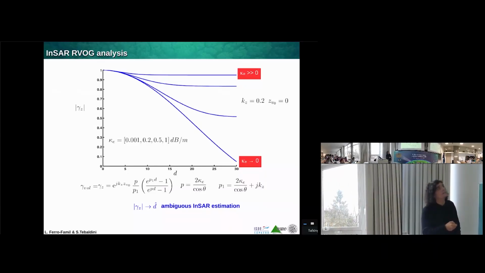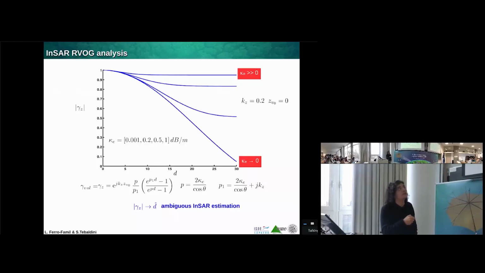When the extinction in the medium goes to zero, you get back to the sinc, the cardinal sine feature we had before. And as the extinction increases, you have a modification of this shape, which becomes flatter and flatter and flatter. And at the end, when you have a very strong attenuation inside the medium, the characteristic is completely flat. It means you have no decorrelation.